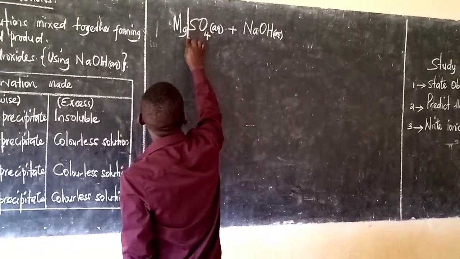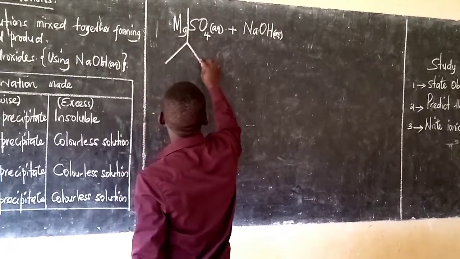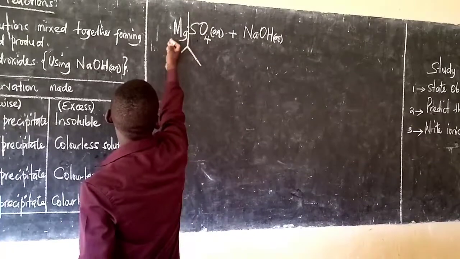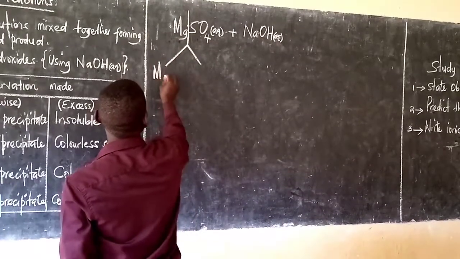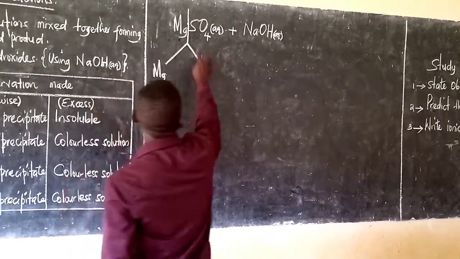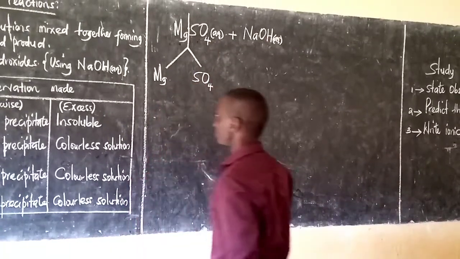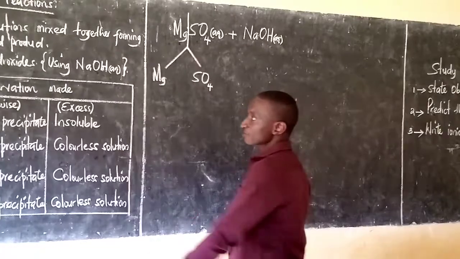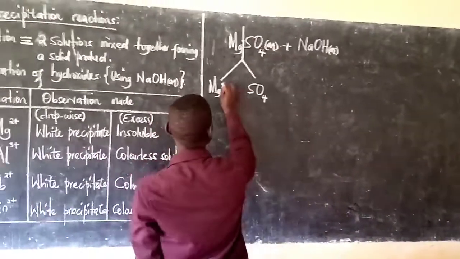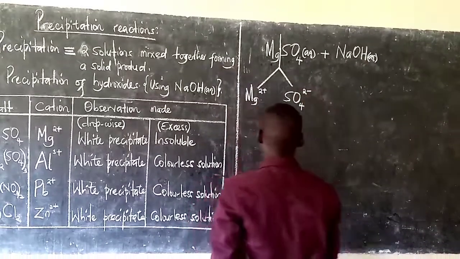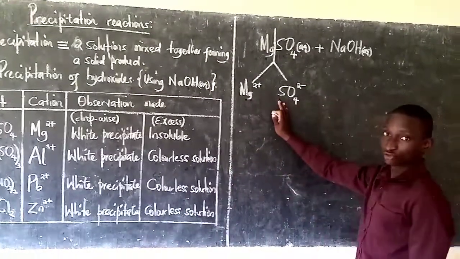We see what can come out of what we are having. In this solution, we have the positive side that has the metal, which is magnesium, and the other side that has the radical, which is the sulfate. This one is 2+, so we put 2+ there. This radical is 2-. That is what takes place in solution.